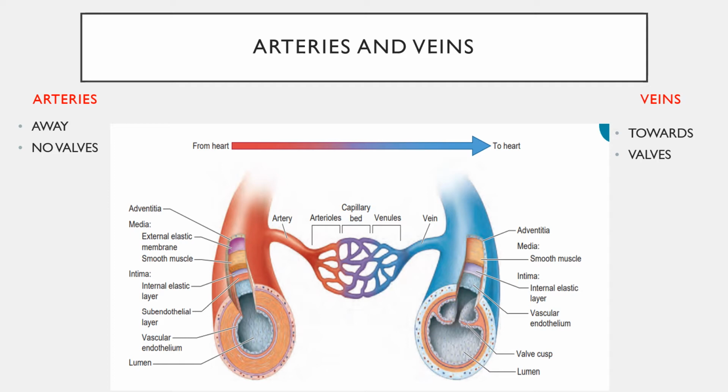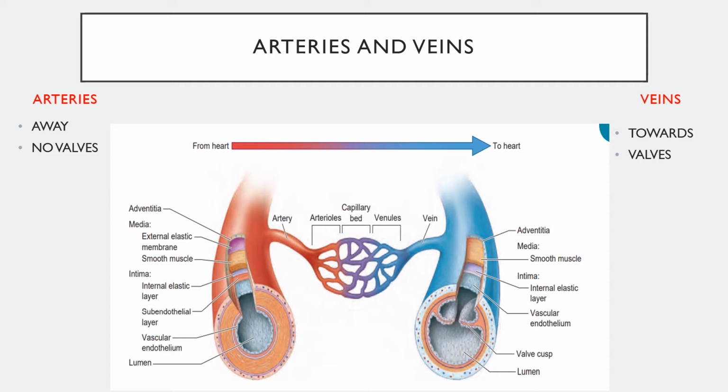Let's discuss the layers of the blood vessels. The layer of blood vessels lying inside is called the tunica intima. Then the middle layer is called the tunica media, and the outside layer is called the tunica externa, otherwise called the tunica adventitia.